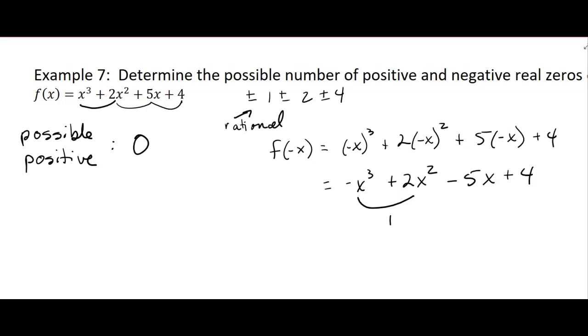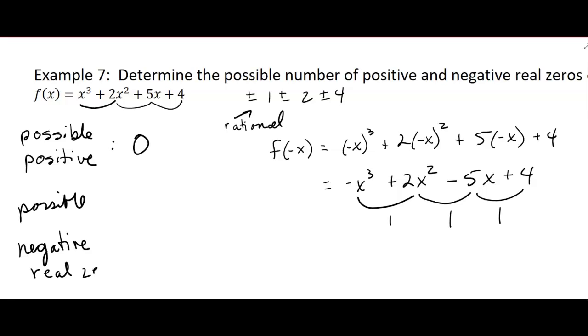So negative to positive, change. Positive to negative, change. Negative to positive, change. Okay, so the possible negative, and I should put real zeros. Forgot to put that up above. Real zeros.